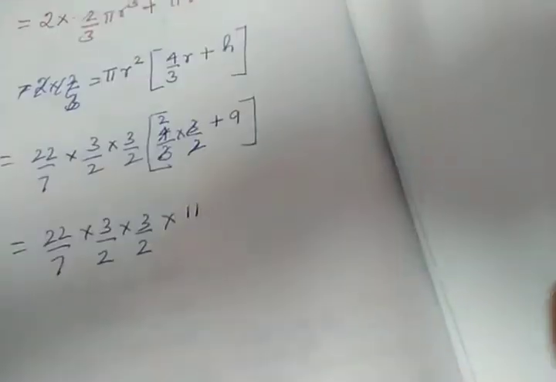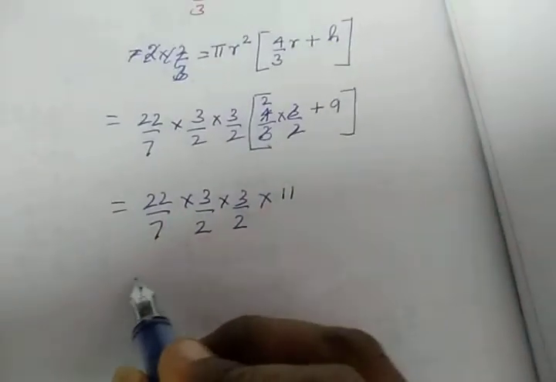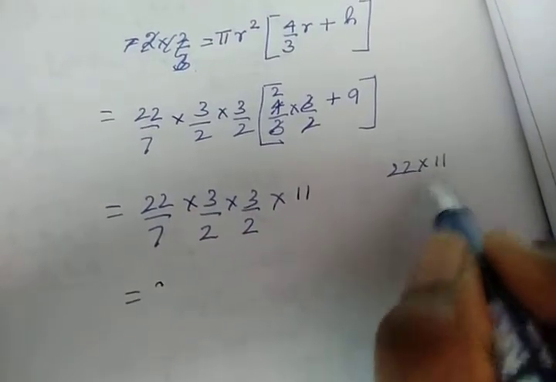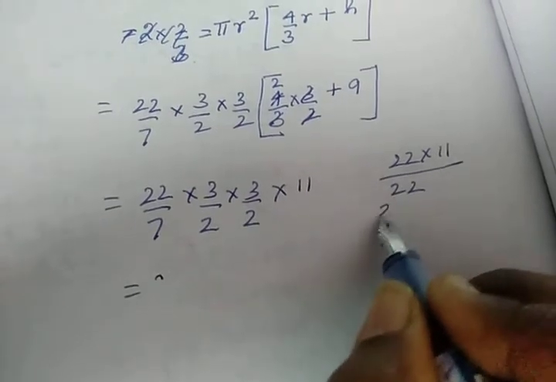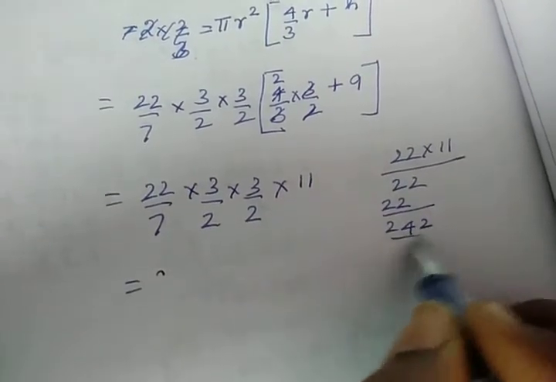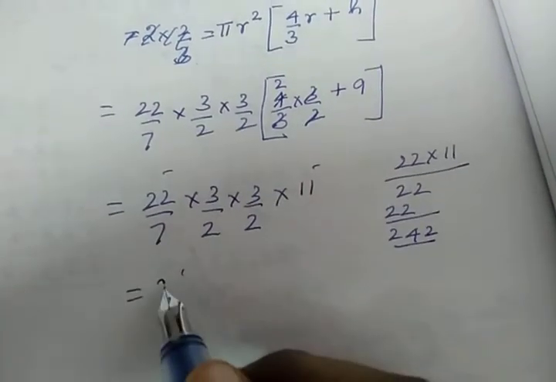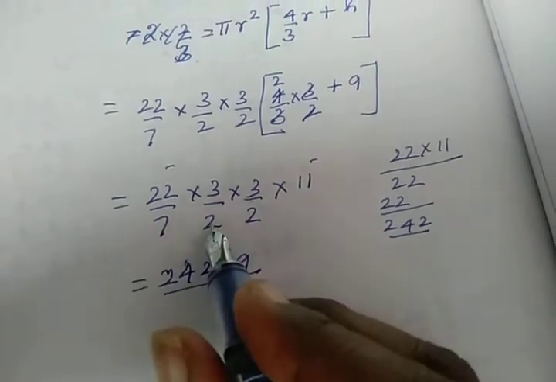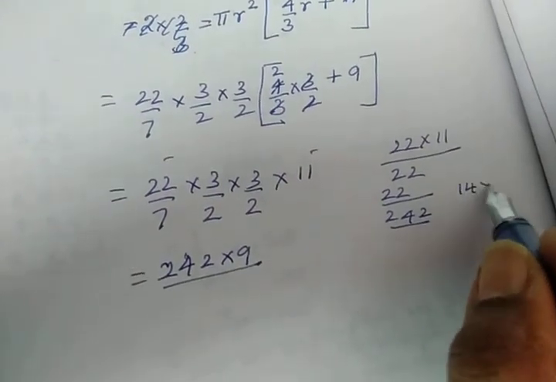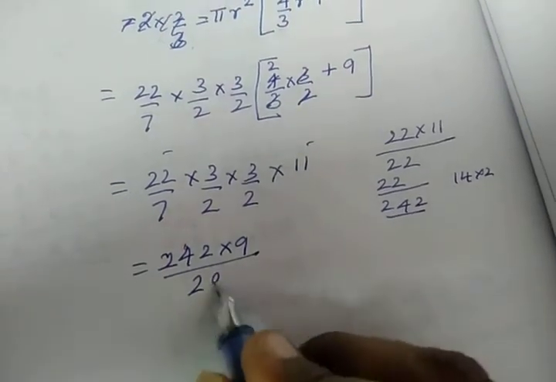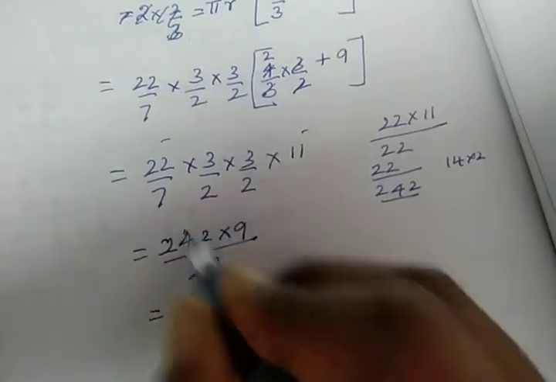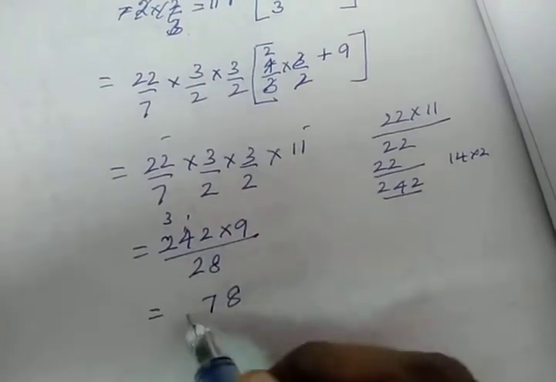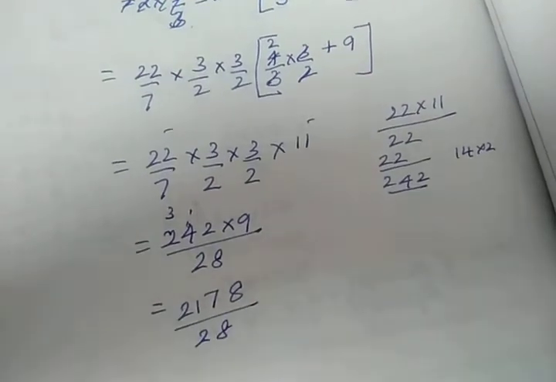So nothing to cancel here; everything we can multiply and divide. 22 into 11, 242 into 3 threes are 9, divided by 7 twos are 14, 14 into 2, 28. Now multiply: 9 twos are 18, remainder 1, 9 fours are 36, 36 plus 1 is 37, 9 twos are 18, 19, 20, 21, divided by 28.